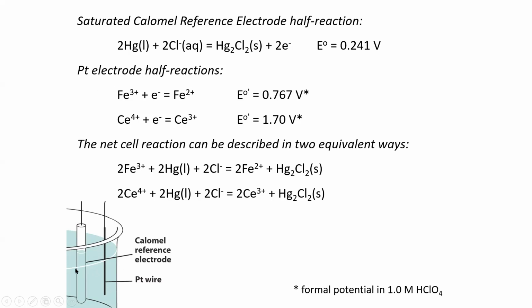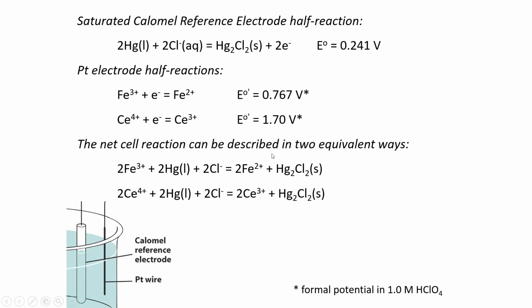This is the reference electrode. This is your calomel that contains mercury and chlorine, and this is the half equation for that. Then for the platinum electrode, we have iron 2 going to iron 3. This is the potential in 1 molar acid. Then we have the reduction half equation. This is the electrode potential.